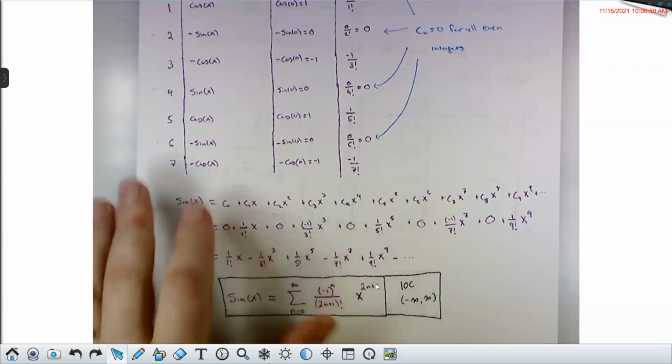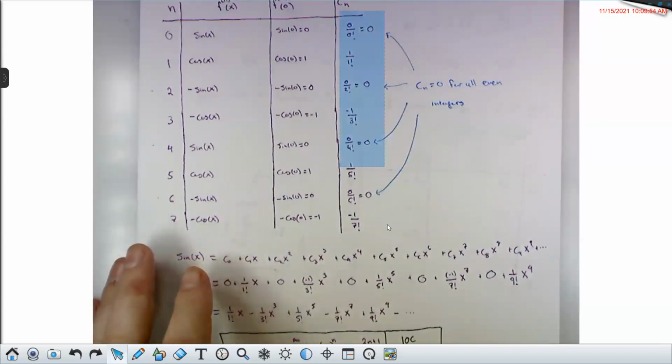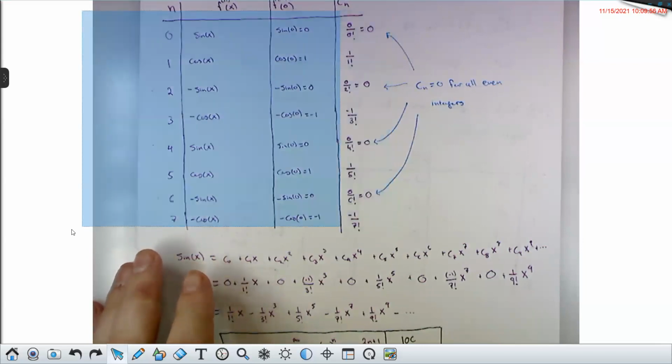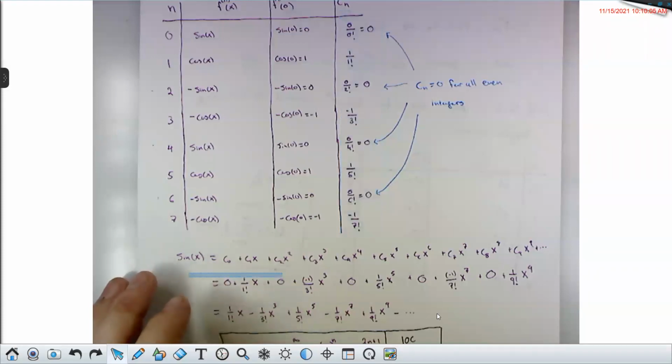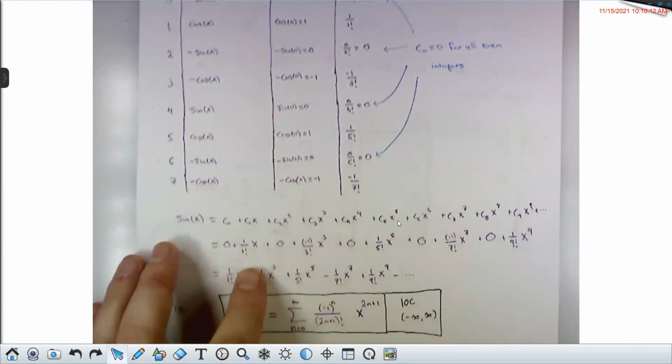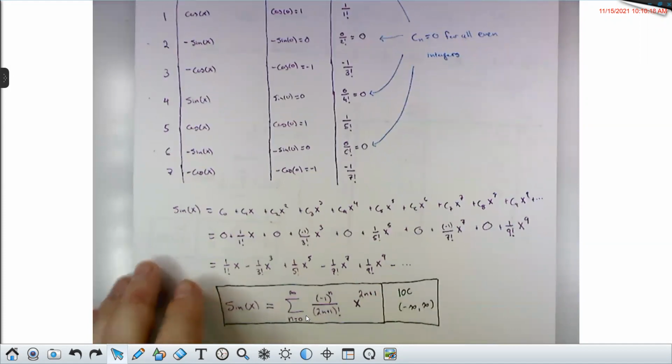So the thing to remember is if you write out a bunch of these Cn in your table and you don't see the pattern right away, or you find it hard to write down a formula for Cn in general, go ahead and write out the first few terms of the series that come from these. Simplify, and then see if you can collapse that into sigma notation. Sometimes that will make life easier, like it did here.